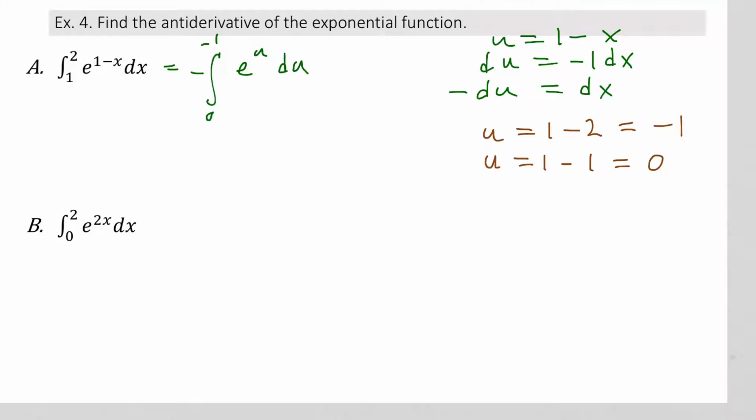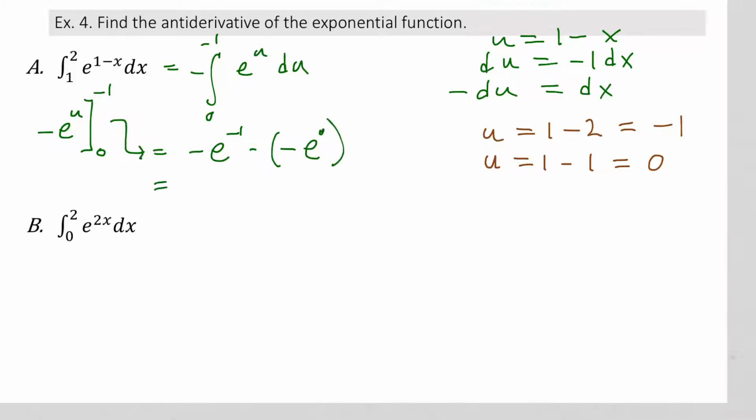Alright, so now I find the antiderivative, so that's e to the u evaluated between 0 and negative 1. Okay, so now I substitute in. I've got negative e to the negative 1 minus negative e to the 0.